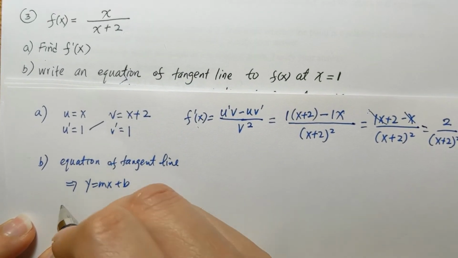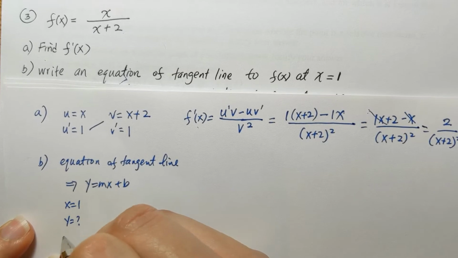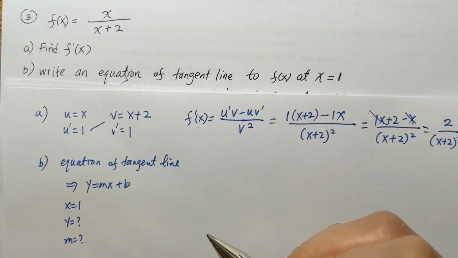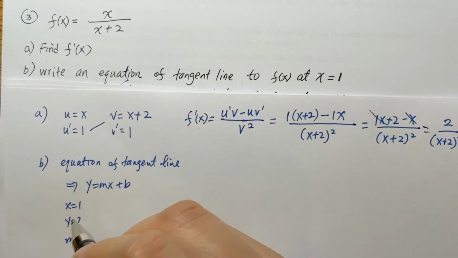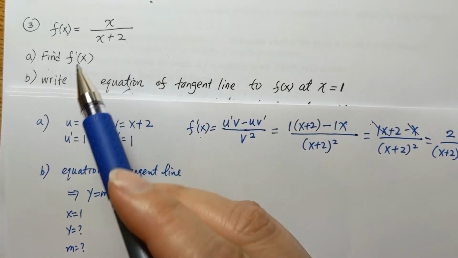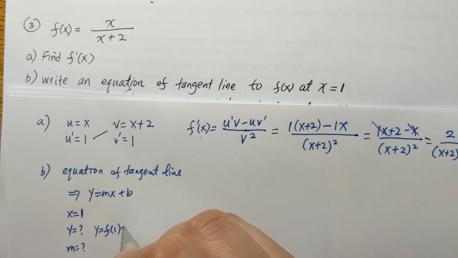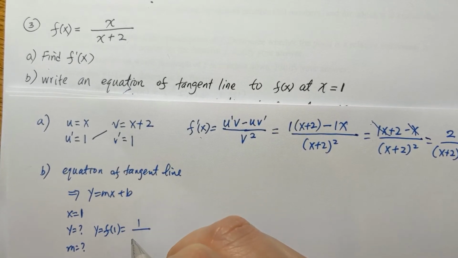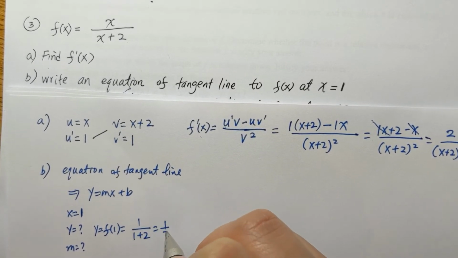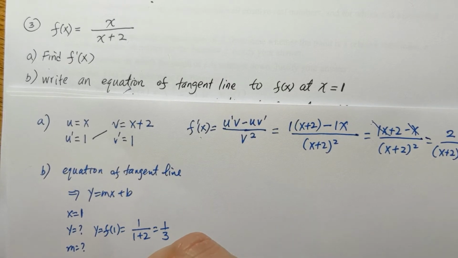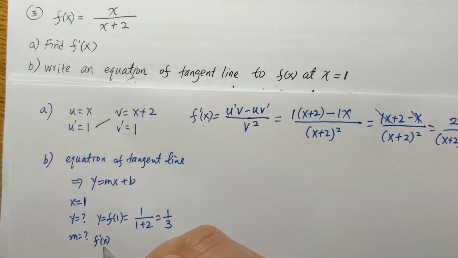So we already know x equal to 1. We need to know the y and m. You always have to figure this out. So for y you have to substitute into the original function, so we use y equal to f of 1. So you get 1 over 1 plus 2, you get 1/3. And for m, we have to use f prime of x.